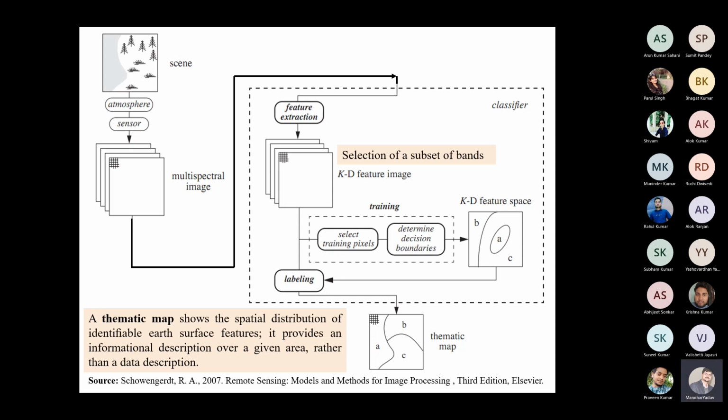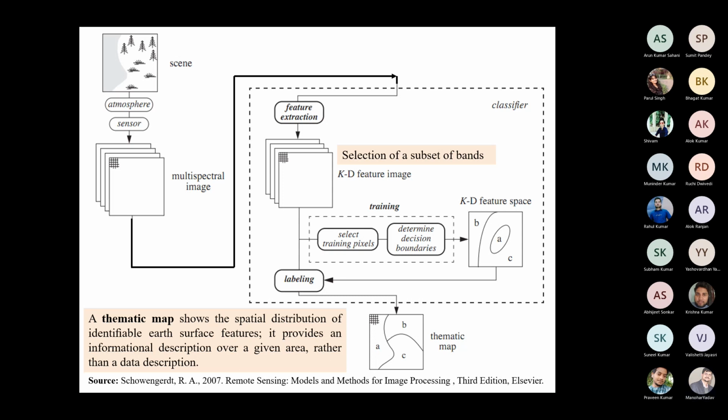So we select training samples. While selecting training samples, we just pick the red colored pixels and see what the digital number is for those pixels in the green, red, and NIR bands.